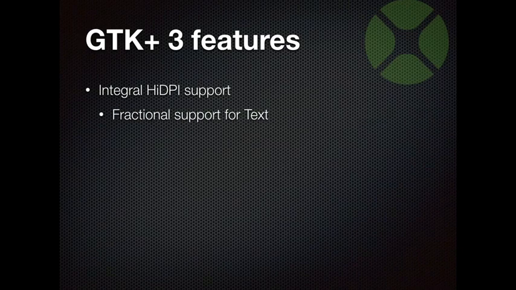They do support, however, fractional scale for text. So you can specify 1.2 times scale and your text will scale at that. But your controls themselves will not know what 1.5 scale means, so it'll either pick 1 or 2 times scale.